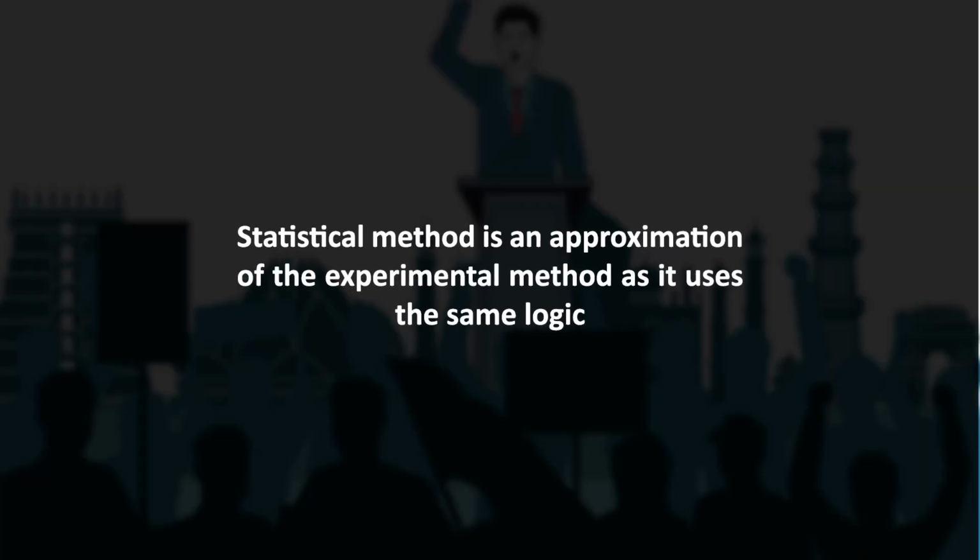This has come to be accepted as a standard procedure and is applied almost automatically in empirical research. Thus, the statistical method is an approximation of experimental method as it uses the same logic. Therefore, comparative method essentially resembles the statistical method, except that the number of cases it deals with is often too small to permit statistical methods.